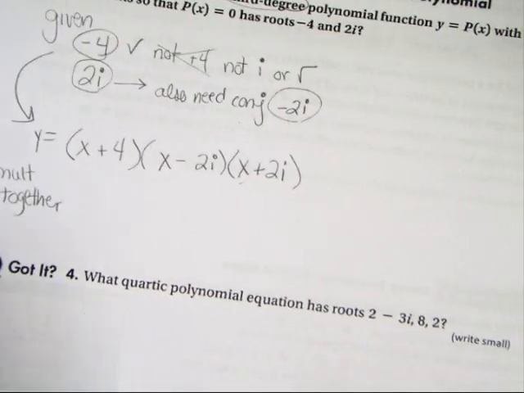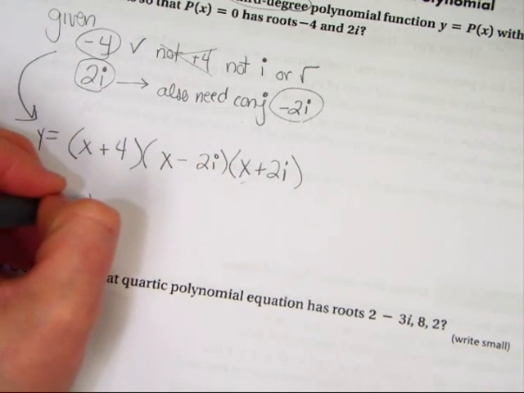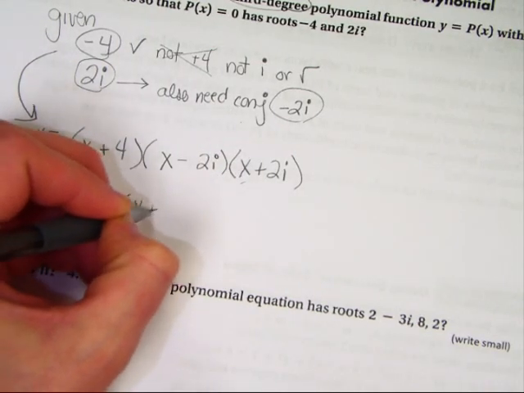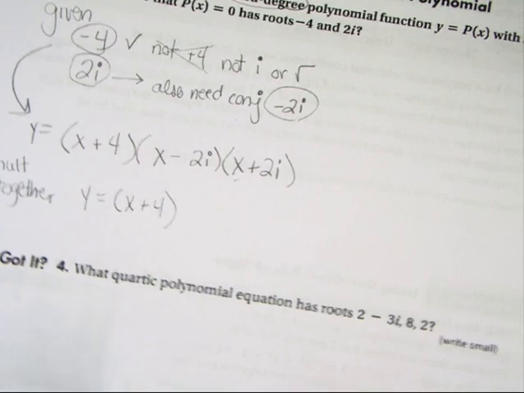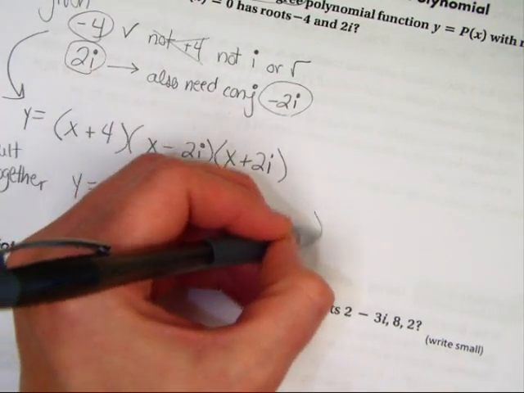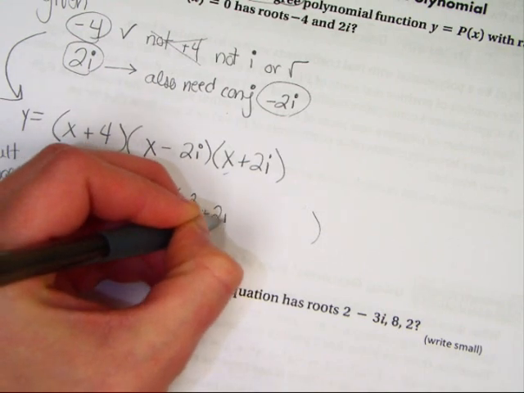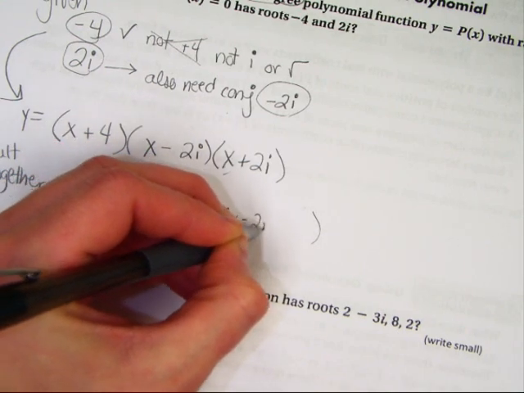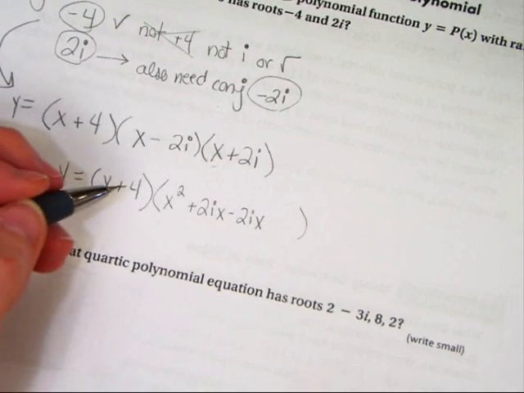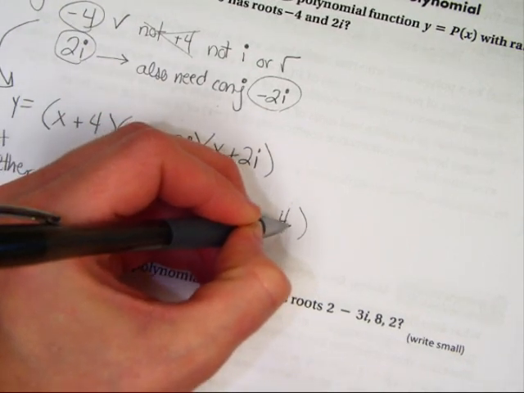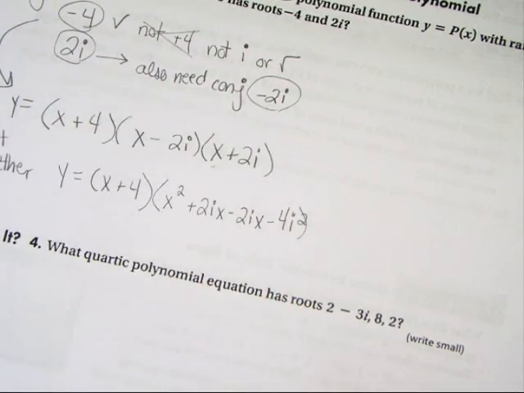Okay, here we go. I'm going to save the first one because the last two will simply be that the middle term is going to cancel out. It's going to be x squared plus 2ix minus 2ix. Now be careful with this, minus 4i squared.